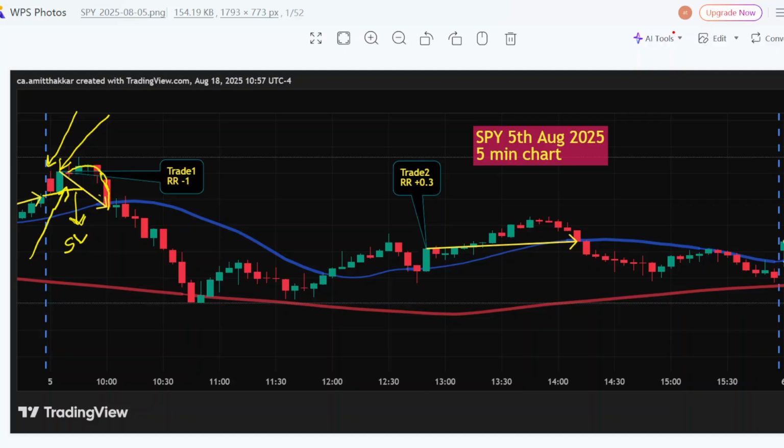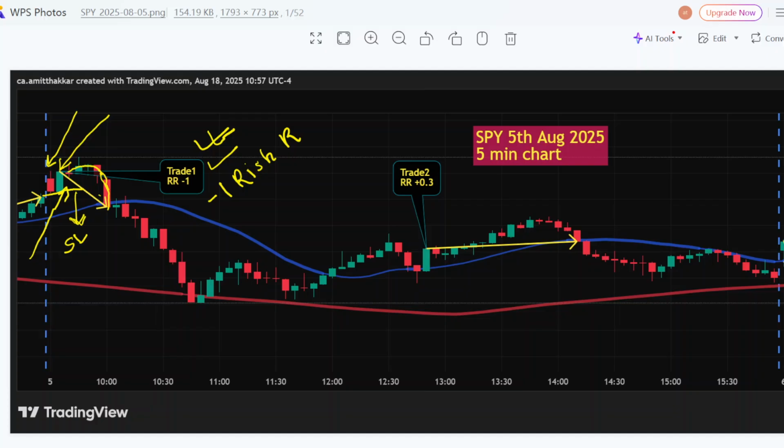So the first trade on 5th August is a losing trade. We lost a 1 to 1 risk reward ratio.